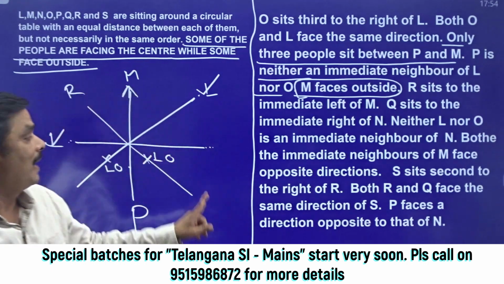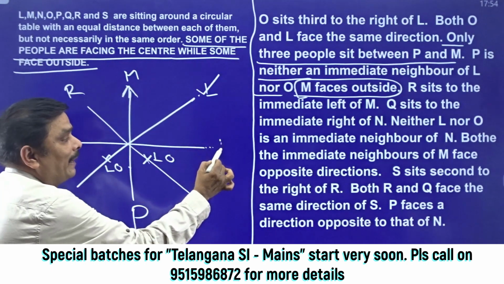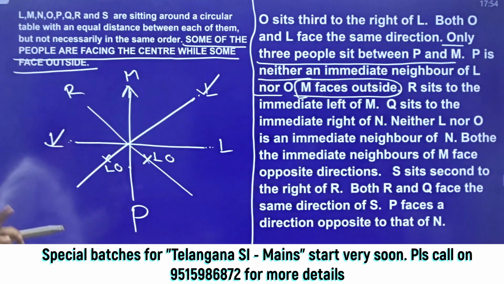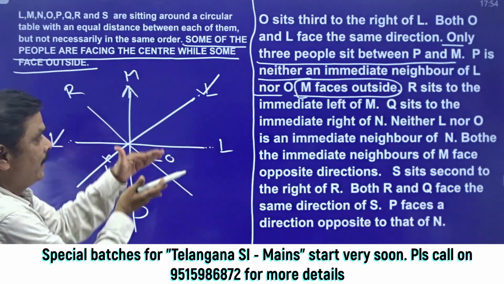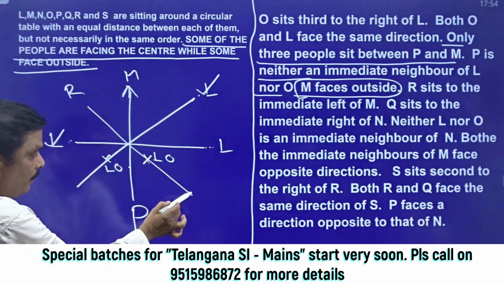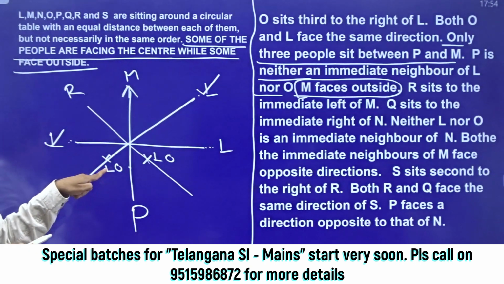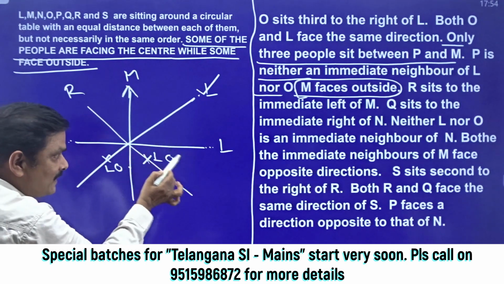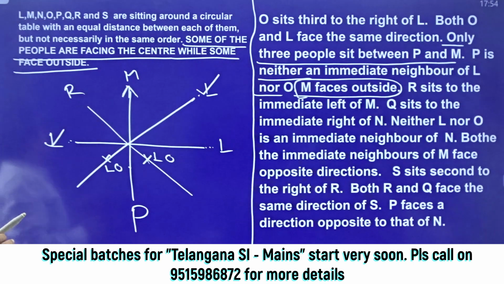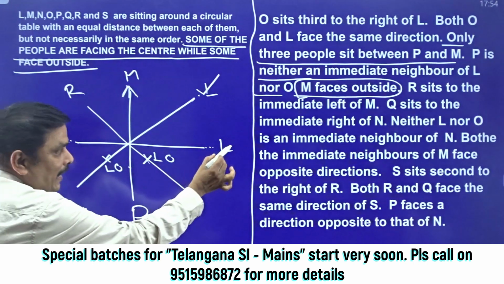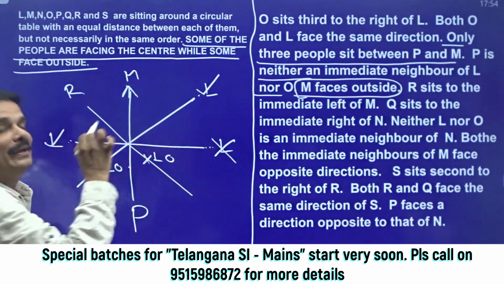But students, observe here. If I keep L here, what happens you see? O can be third right, whether it is facing outside or inside. If L is facing outside, first, second, third right is here. O cannot be here. If L is facing inside, first, second, third right here. Already R is here. That means I cannot keep L here.